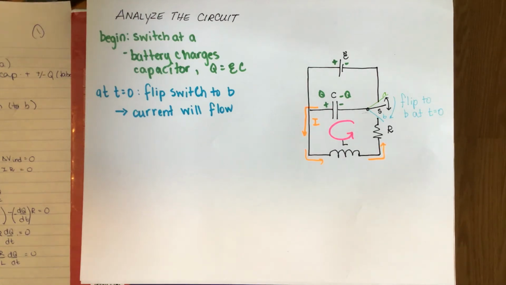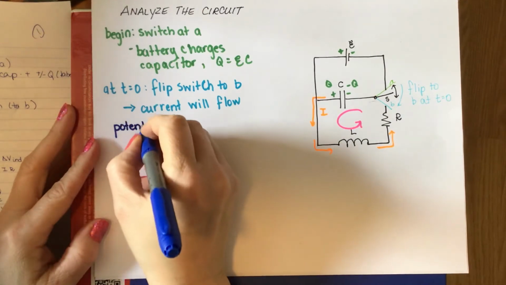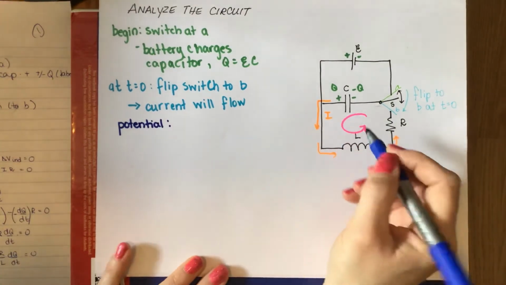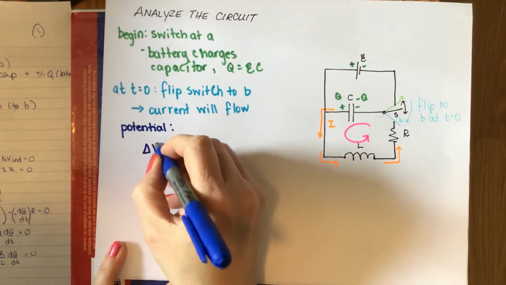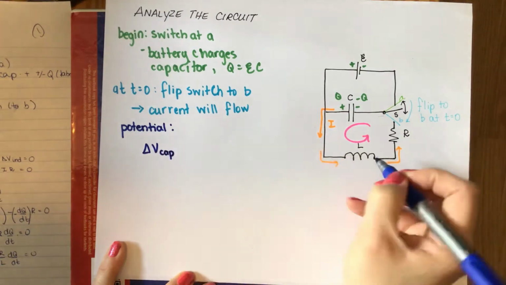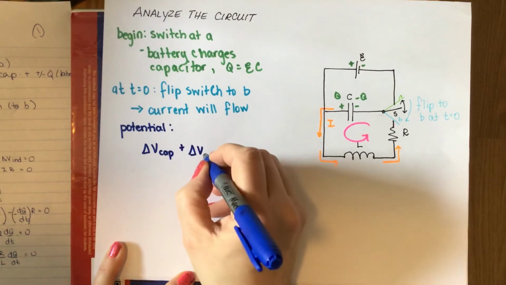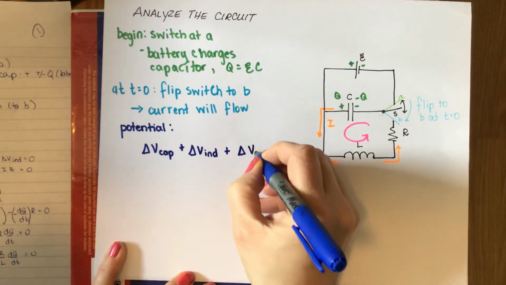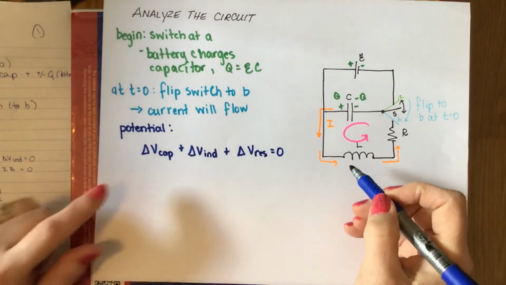Our potential law says that the net change in potential around the circuit is equal to 0. So we've got the potential on the capacitor, delta V of the capacitor, plus the potential of the inductor, plus the potential of the resistor. We'll start off general and then get specific.